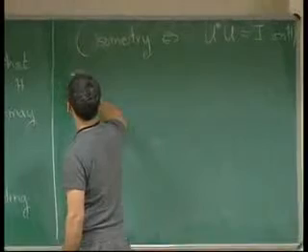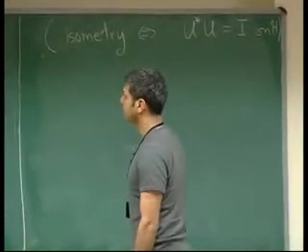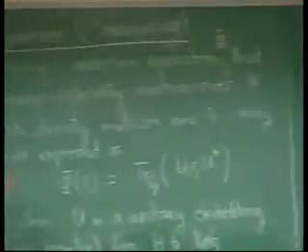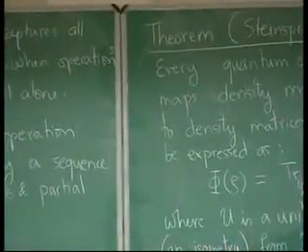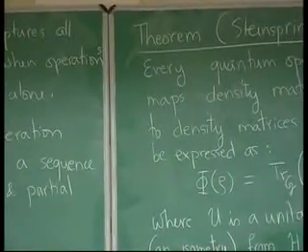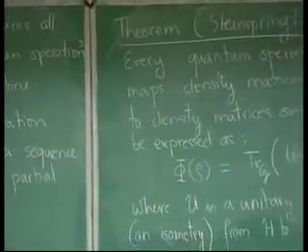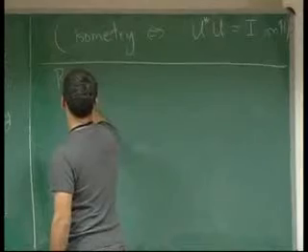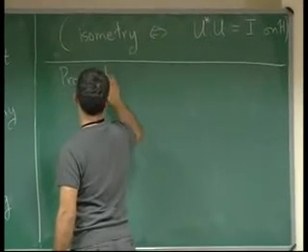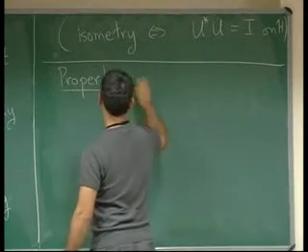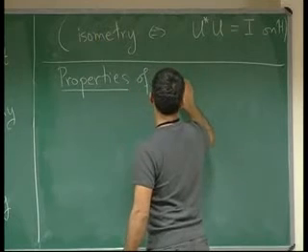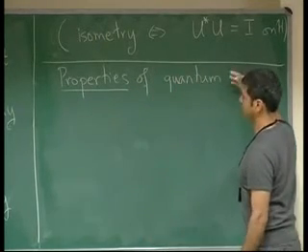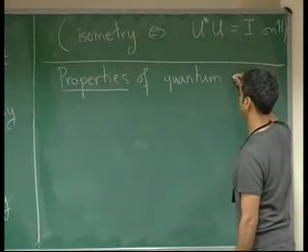All right. I should point out a couple of properties of quantum operations, in particular of unitary operations and partial traces. And these are basically its defining properties, just like the defining properties we had for states.